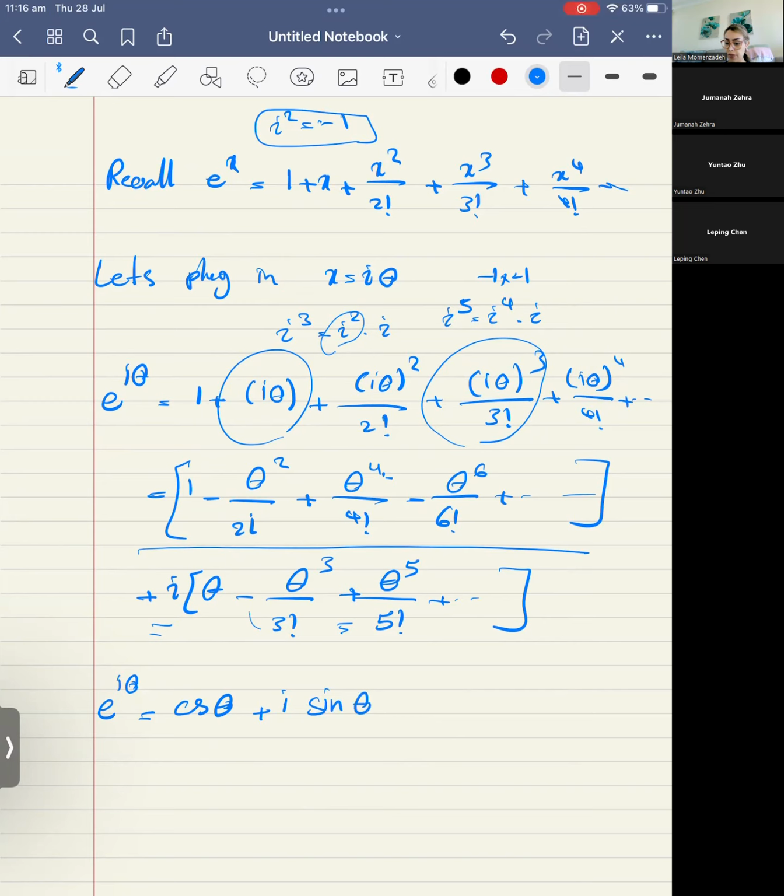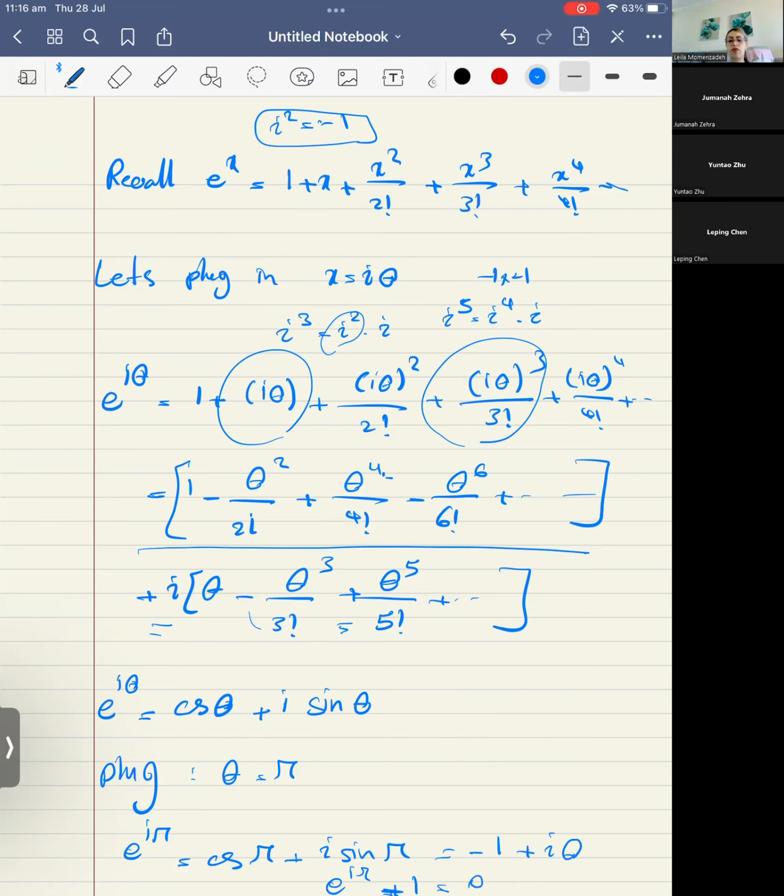And now if you plug theta to pi, e to the power i pi equals cosine pi plus i sine pi, and would be equal to minus 1 plus i times 0. It means that e to the i pi plus 1 is equal to 0.